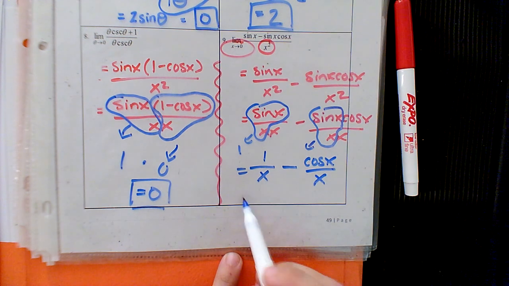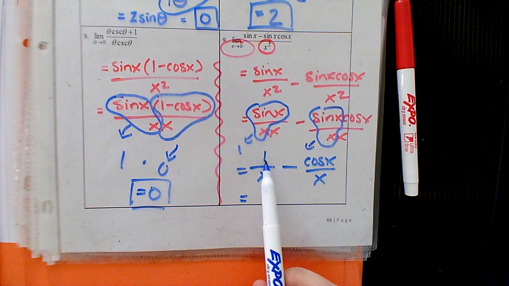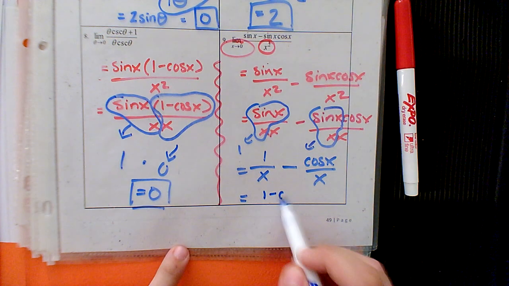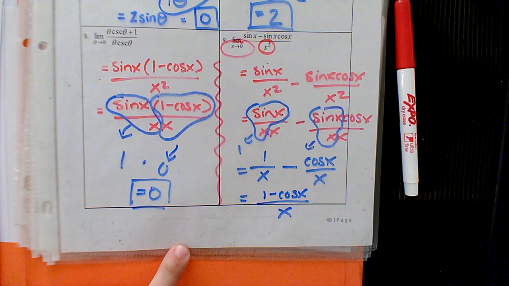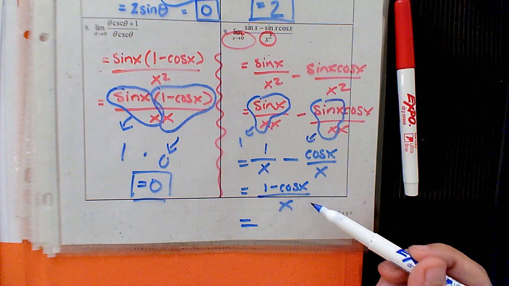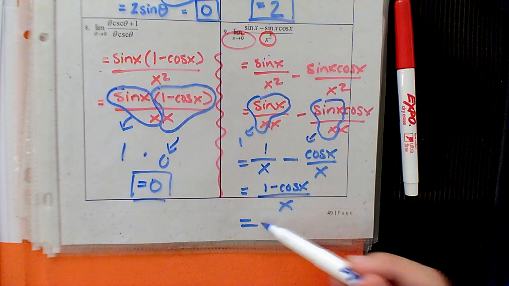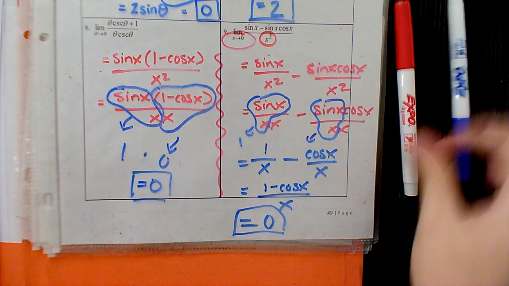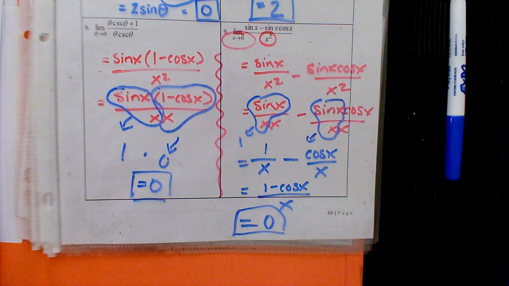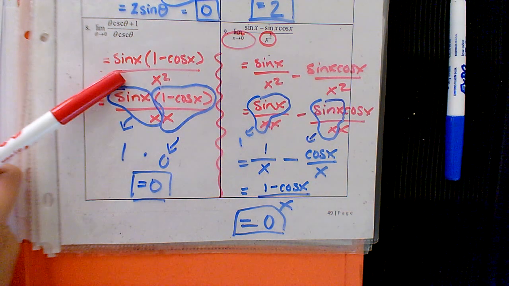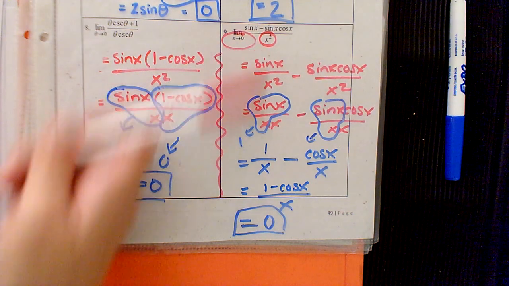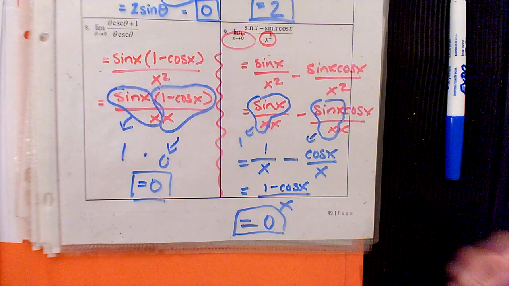Fraction minus fraction, they have a common denominator: 1 minus cosine x over x, which is what? That's our trig limit. 0. It depends on what you see first. If you see factoring, it would work out. If you see a single term, like one thing on the bottom, break it up. It would work out in the end.